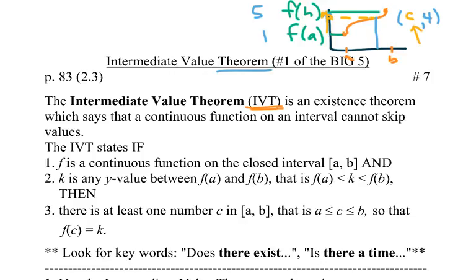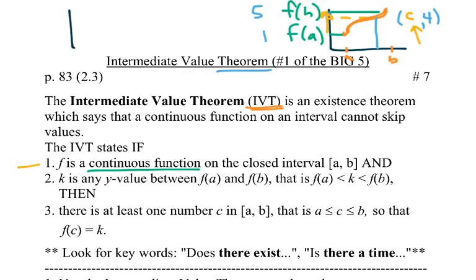Alright, so let's go through and read this definition on the note card. It says, the IVT states if 1, f is a continuous function on the closed interval from A to B. So our orange function here is a continuous function. Now, what this means is that this would not necessarily be true for a discontinuous function.